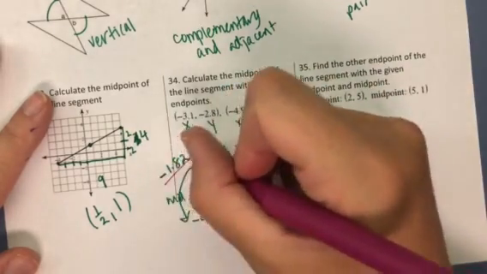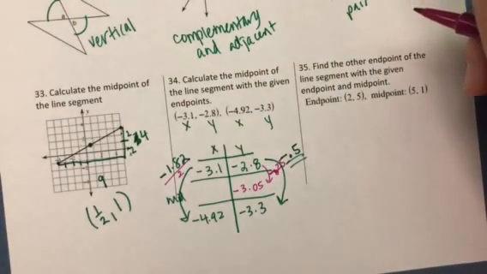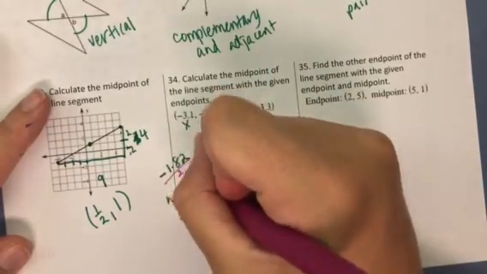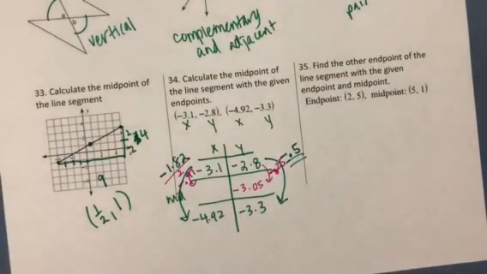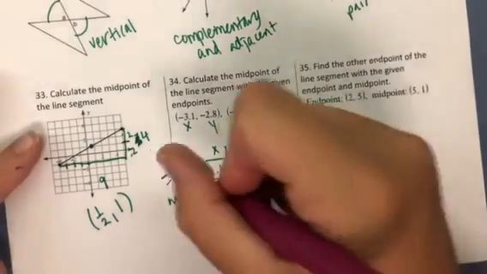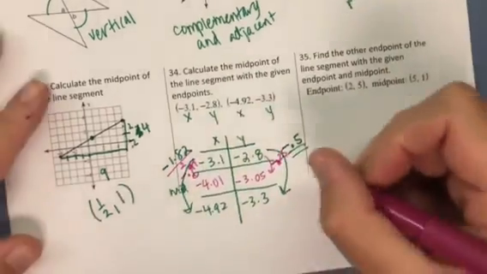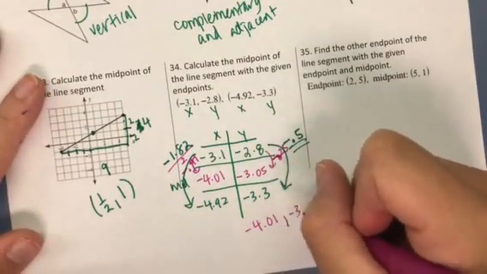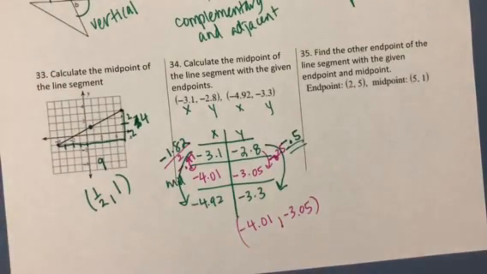Over here, I just want to divide this by 2, so negative 1.82. I'm using my calculator off the screen. When I divide that by 2, I get negative 0.91. So I want to do negative 3.1 minus 0.91. I'm decreasing. So I get negative 4.01. So that is my midpoint, negative 4.01, comma, negative 3.05. Just got to be careful with the signs on that one.